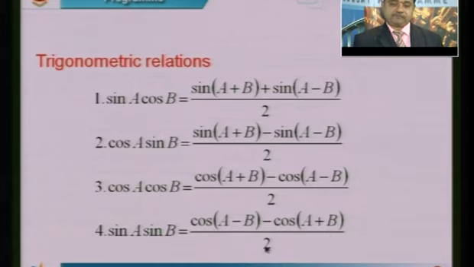Why do we need these trigonometric relations or formulas? We have type 2, which should be a sin bx plus c or cos bx plus c. We do not have a method for a square, cube, or 2 relations multiplied.